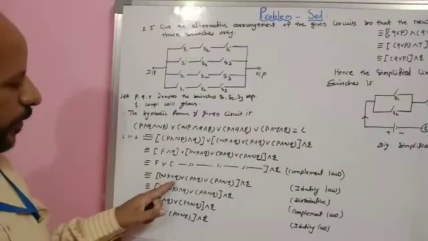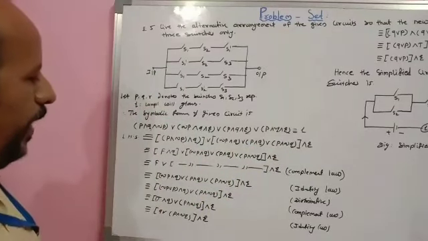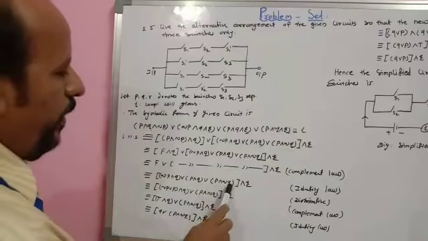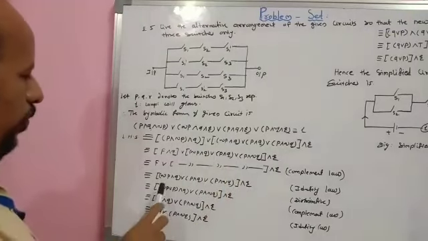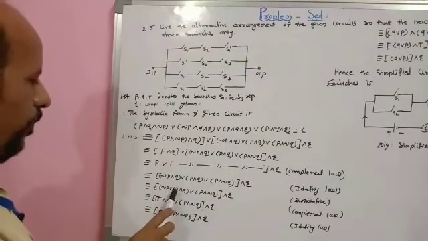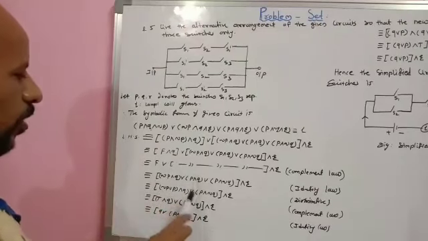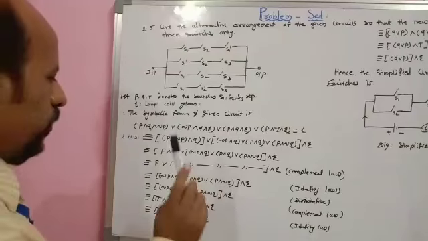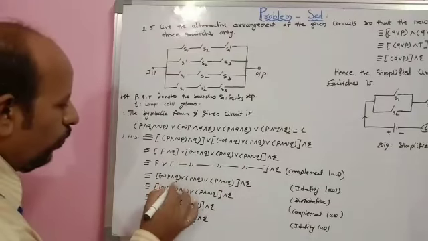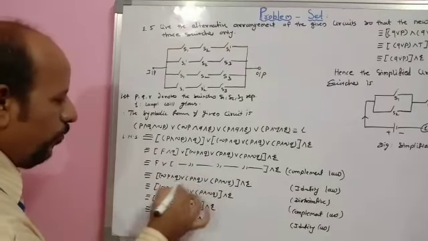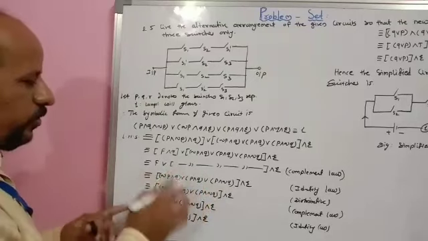Now (not P and Q) or (P and Q) or (P and not Q and R). Therefore (not P or P) and Q. Now we use the distributive law, or P and not Q. Here Q is the same, so we use the distributive law for the two brackets.